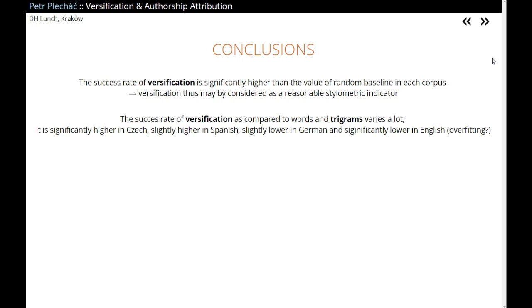So if you are working with the attribution of one chapter of Childe Harold, the correct answer, that it was written by Byron, does not necessarily mean that the model is well trained to recognize the author. It may be simply a consequence of a decision which may be described as: this is written by Byron because it is similar to other parts of Childe Harold, and they were written by Byron.